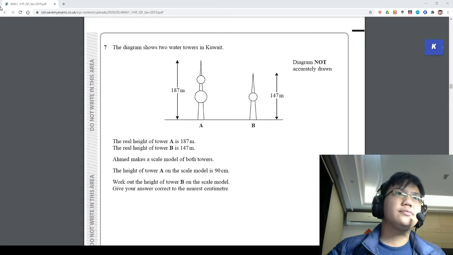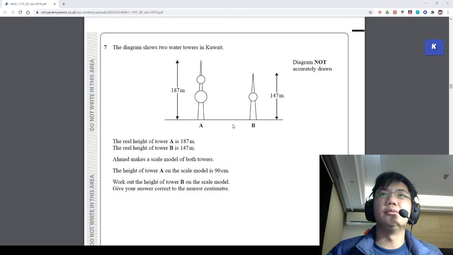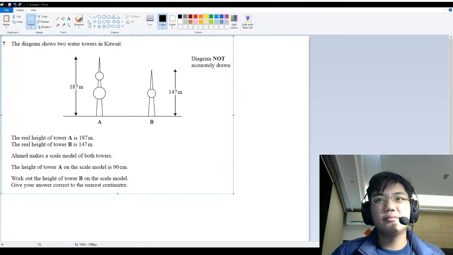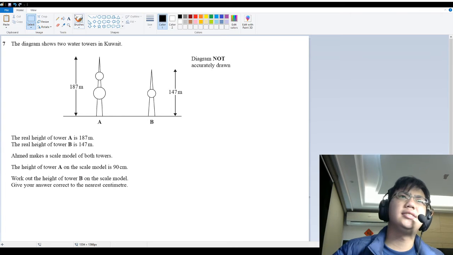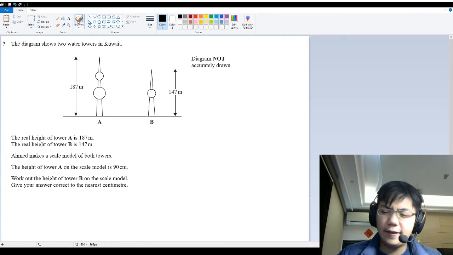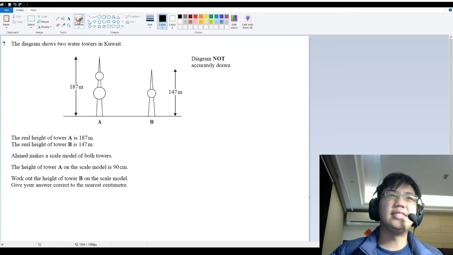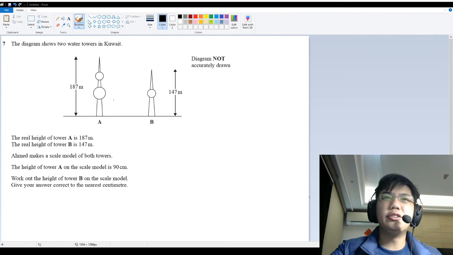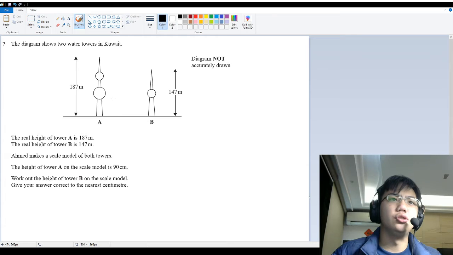So from this, we can tell that it is a question about proportionality, and about things that are directly proportional. We have the real towers and we have the models, which are shrunken by a certain scale factor.